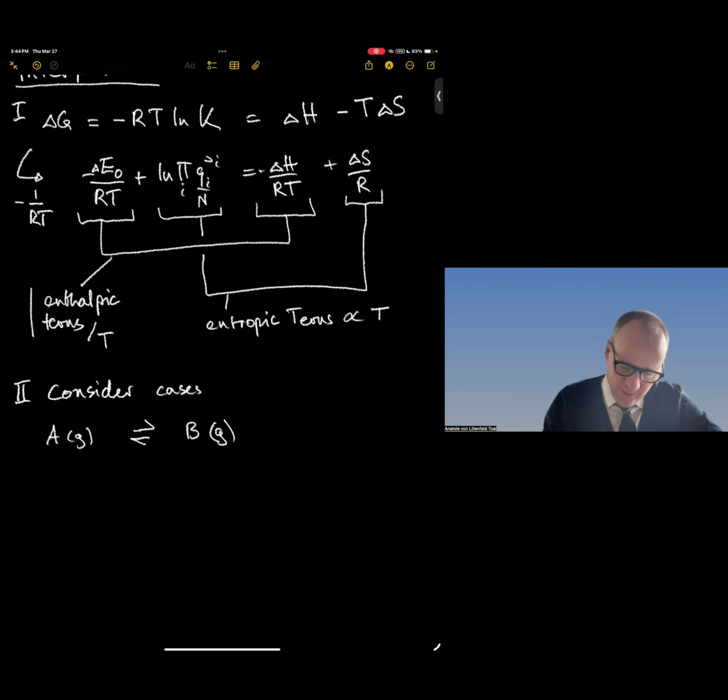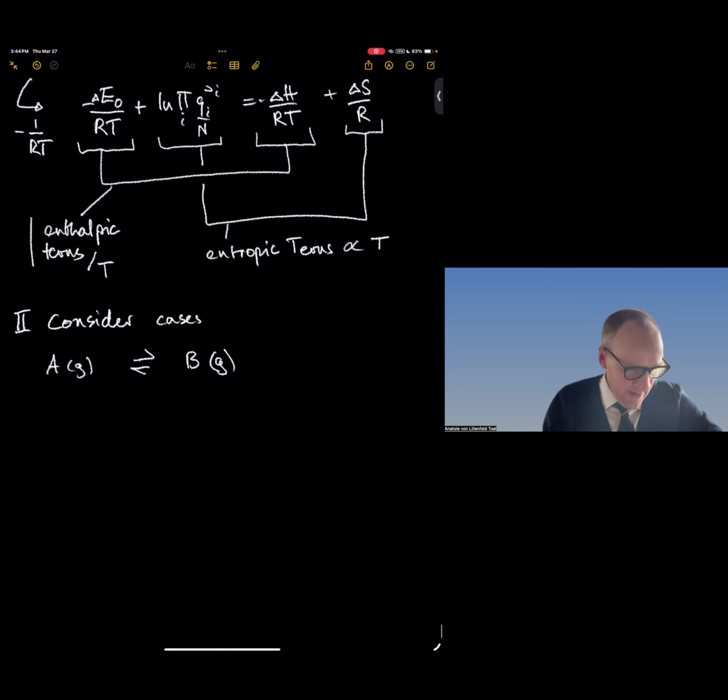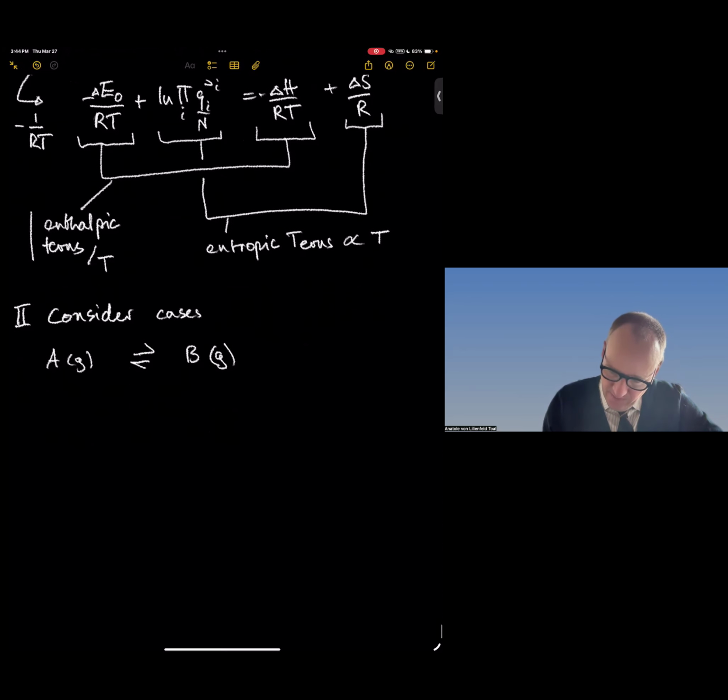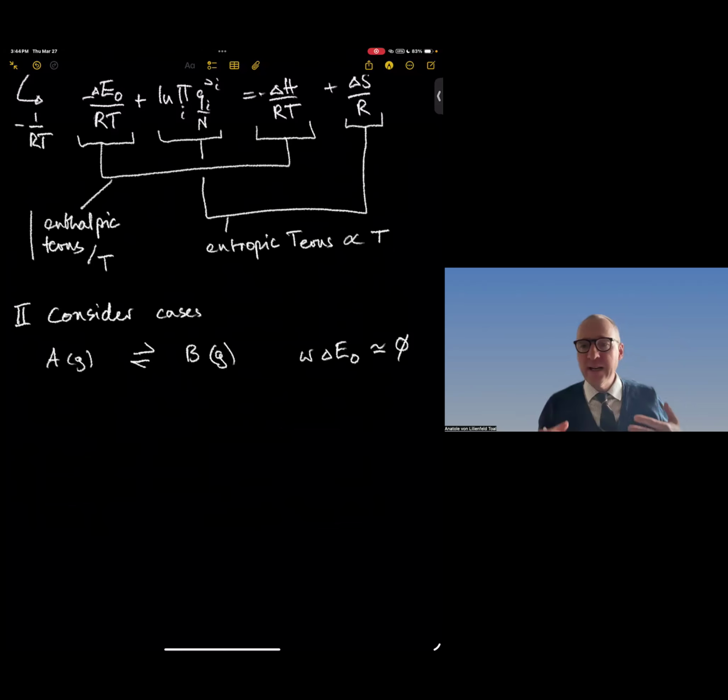And we want to consider this with delta E0 being close to 0, so negligible enthalpic contribution.